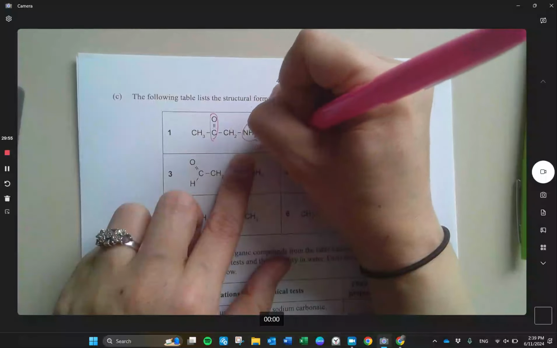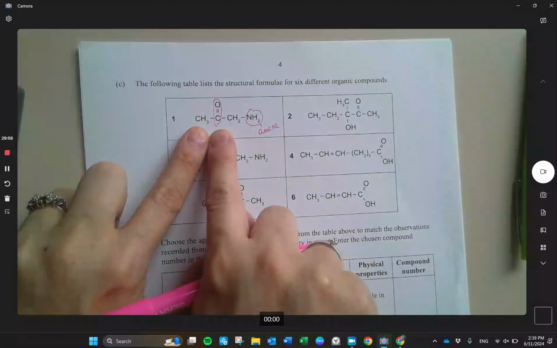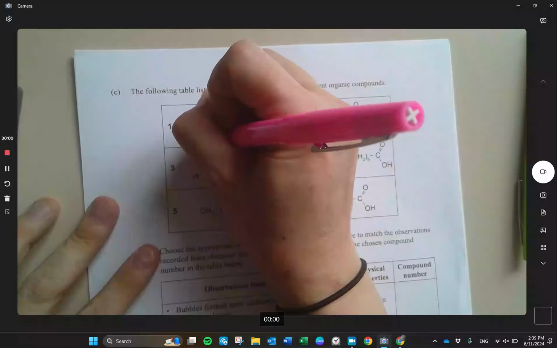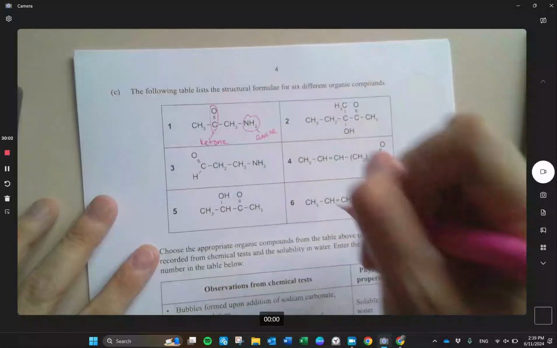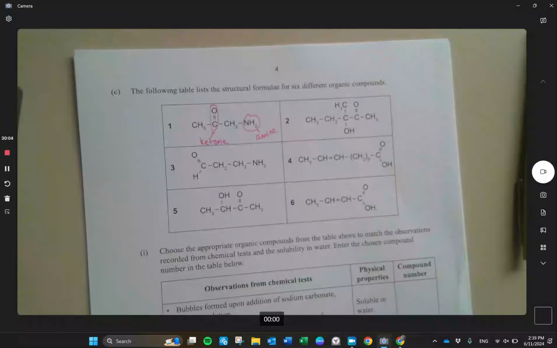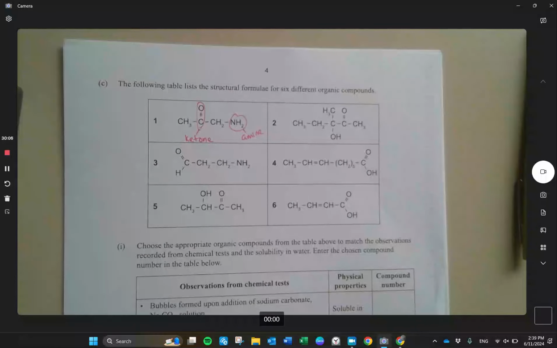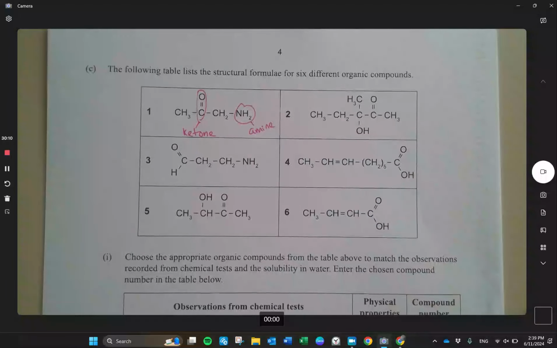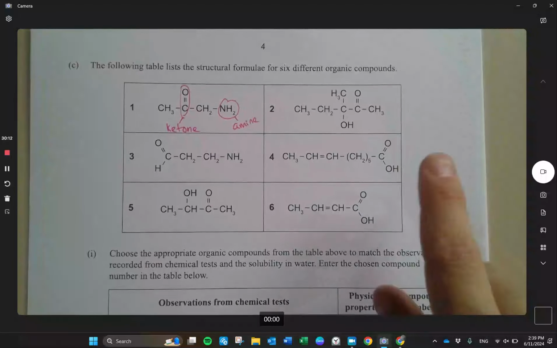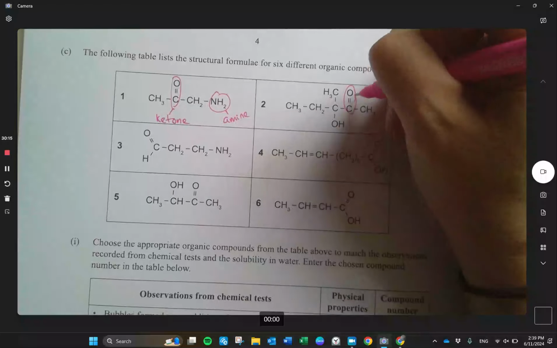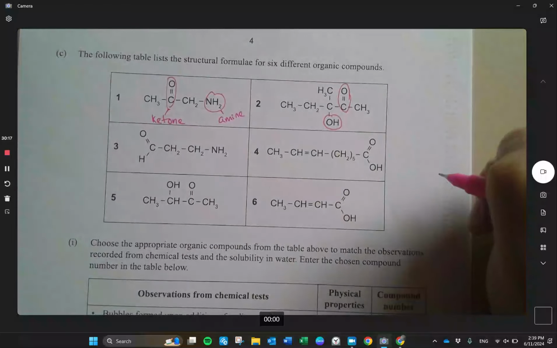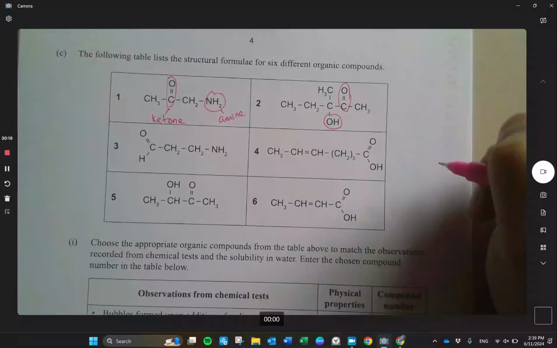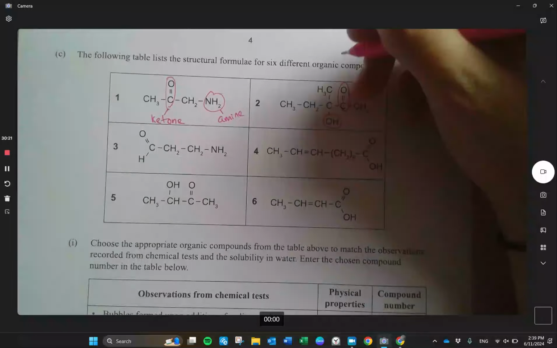So it has two functional groups. Okay. This one we see a carbonyl. This we see an OH, but they're not attached to the same carbon, so they're not a carboxylic acid. So this here again is a ketone. And this OH is an alcohol.